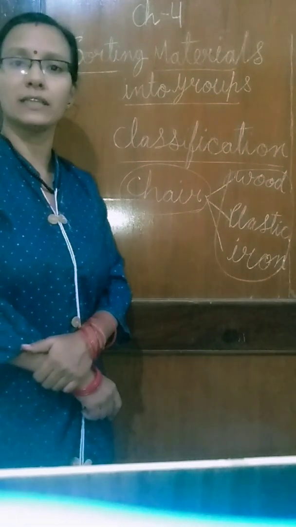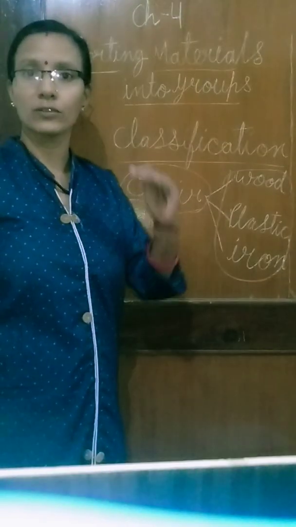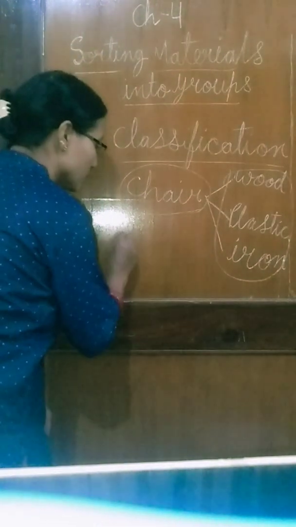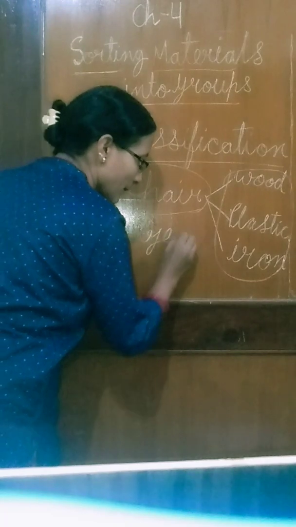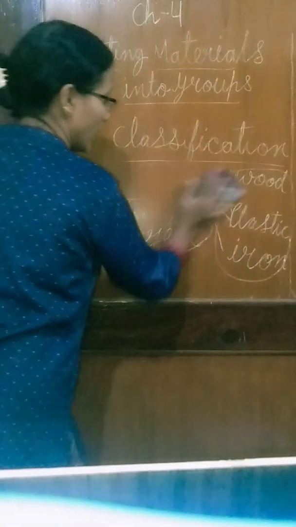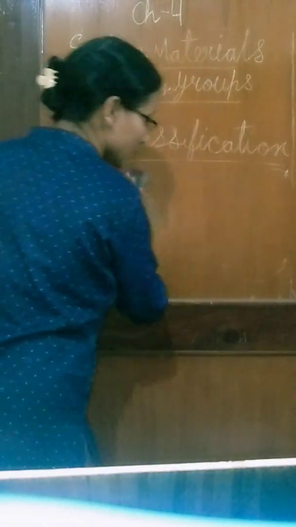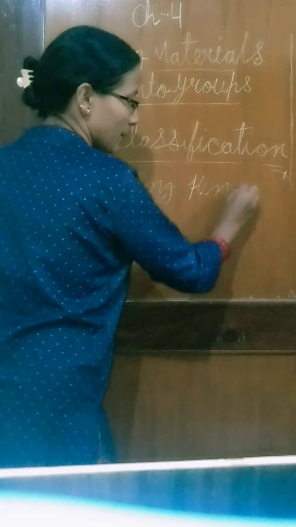As you have seen in the library, the books are classified into different groups according to the subject. Okay, according to the subject we are classifying. Yes, what are the different subjects we are using? Now the subjects in the library are English, Hindi.